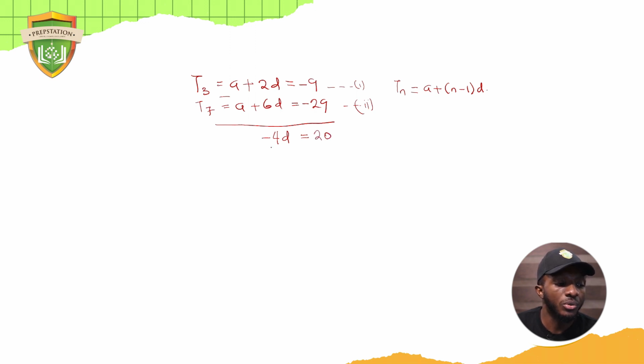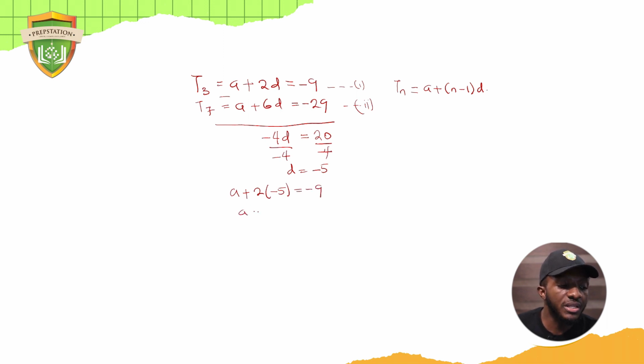So here we go. If we divide both sides by -4, we're going to have D equals -5. Now, if we substitute the value of D into equation 1, for instance, we have A plus 2D, with D equals -5, equals -9.